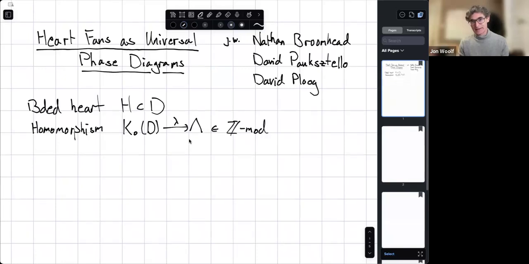Usually we'll be thinking of this as finite rank and free, but it doesn't actually have to be free. It won't really matter if it has torsion, so I'm not going to fuss about that.